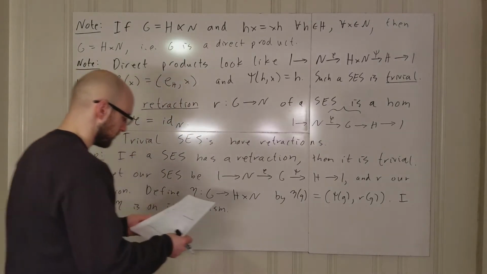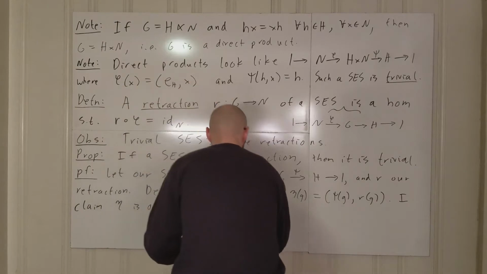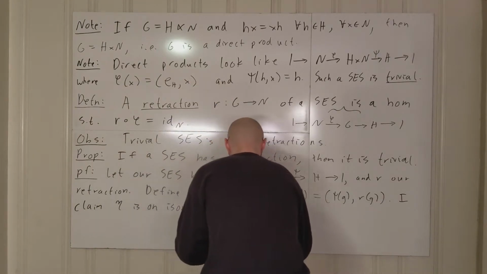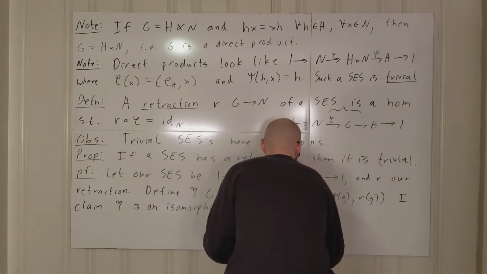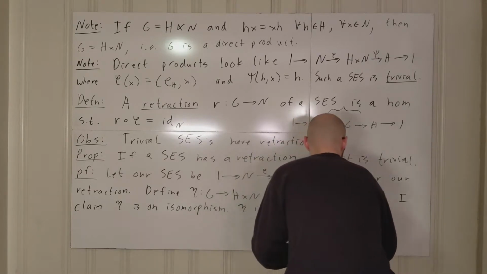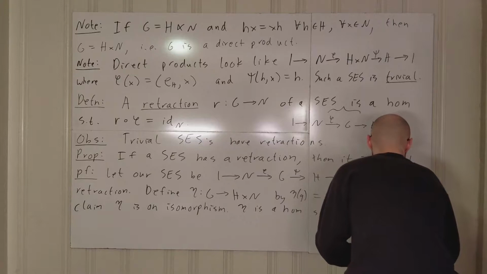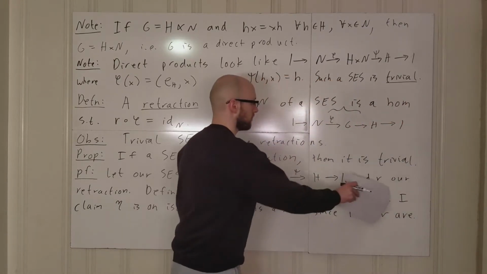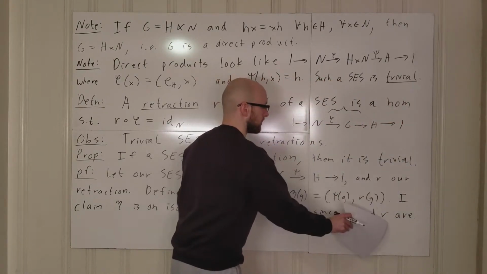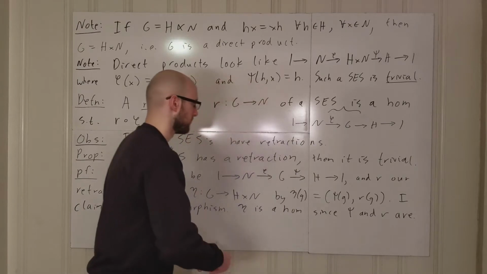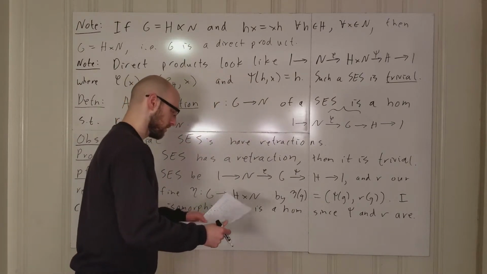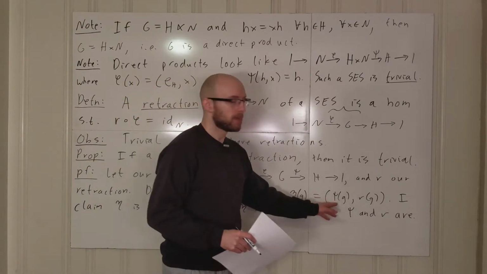Okay, so let's do this. Eta is a homomorphism since psi and R are. Man, I have R and R in the same proof, that's kind of interesting. So anyways, this is sort of clear.